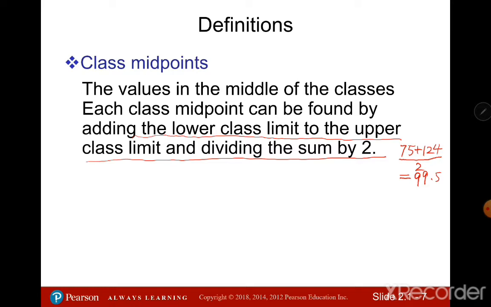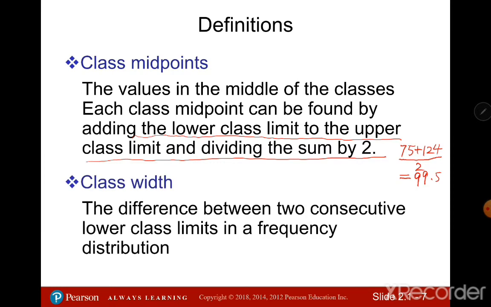Alright, next we have another definition, which is called class width. Make sure you pay attention to this definition because lots of students make mistakes with this one. Let's check the definition. It is the difference between two consecutive lower class limits.